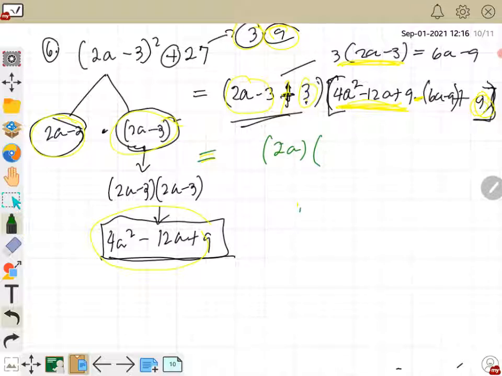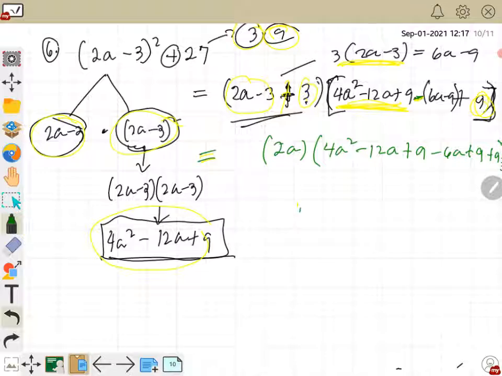Okay, 4a square has no similar term. Negative 12a, so we need to distribute first this one so that it won't be confusing. Minus 12a plus 9 minus 6a plus 9, because minus distributed to negative 9, that's plus 9, then another plus 9 for the last term.